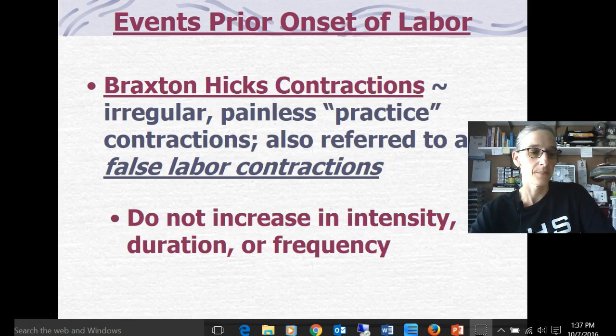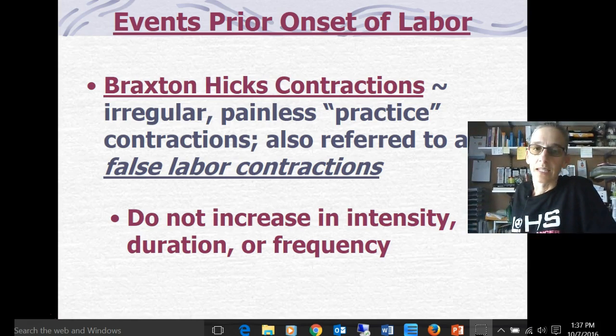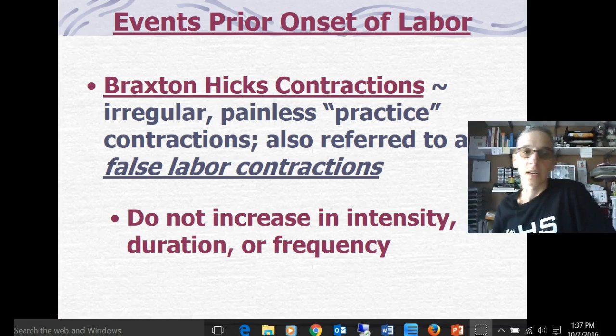Fourth, the Braxton Hicks. Braxton Hicks contractions are irregular, painless practice contractions. I hate saying painless because you feel them, you know that they're there, but they're not stop-you-in-your-tracks, have-to-stop-and-pant-through-them contractions. So that's really the difference. They're also referred to as false labor contractions.